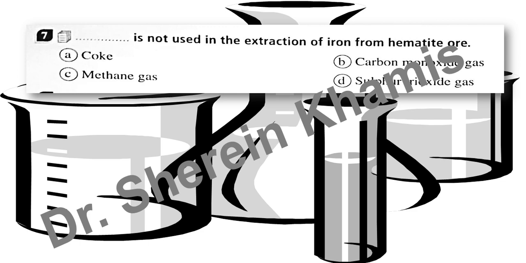Okay, we have here hematite ore and we want to get iron. We said that we have sulfur trioxide. We don't use it. We use coke or methane gas or carbon monoxide. What we didn't use, the exception, is sulfur trioxide.